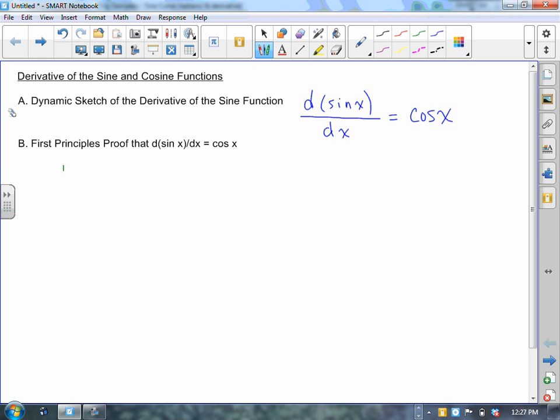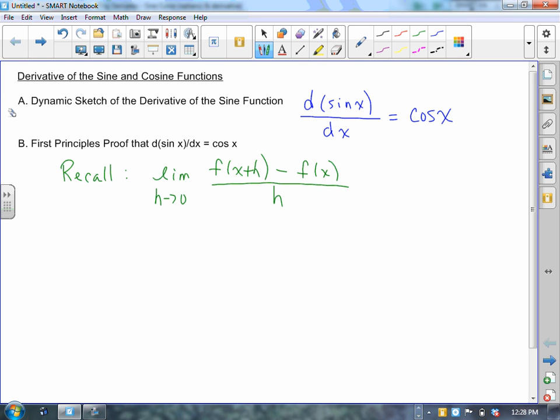So I do need you to recall that the slope of the tangent, the instantaneous rate of change at a particular value of x for a function, is given as the limit as h approaches 0 of f at x plus h minus f at x, all over h.